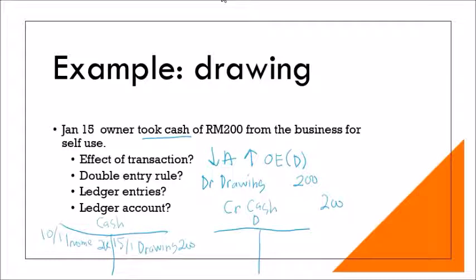You can record it on the debit side, 15 Jan, cash of 200. So you can say that in the drawing account, cash is taken about 200. Okay, understand? Okay, let's proceed.